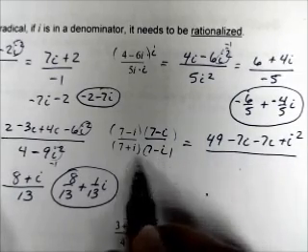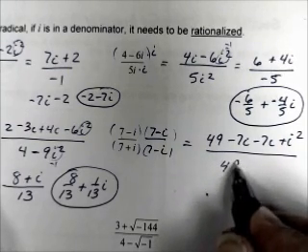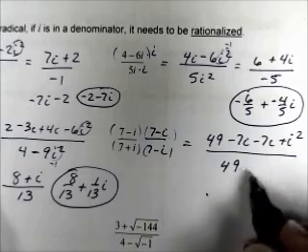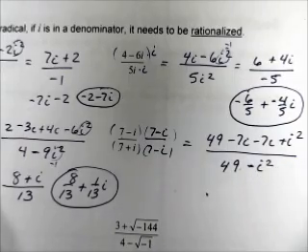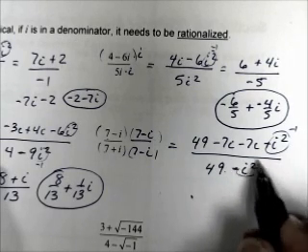Again, these are conjugates, so the end result would be the product of the first terms, 7 times 7 is 49, and the product of the last, positive i times negative i is negative i squared. These i squareds are equivalent to negative 1.